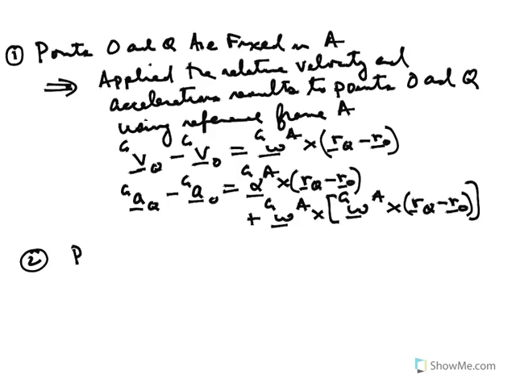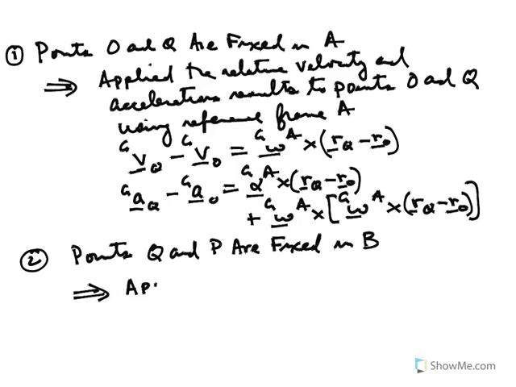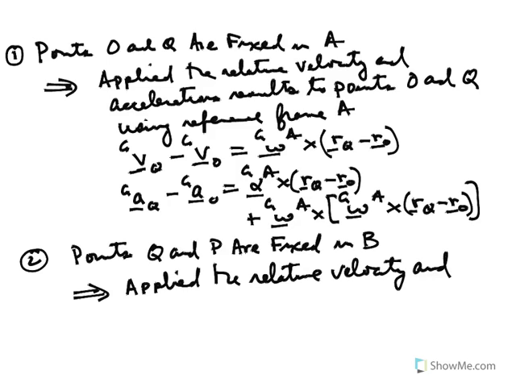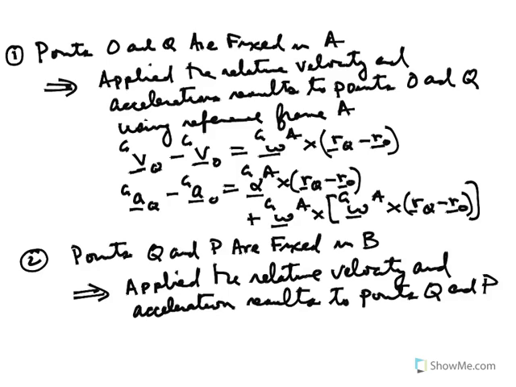Part two was that points Q and P are fixed in the second arm, which I called B. So for this part, we applied the relative velocity and acceleration results to points Q and P using reference frame B. And what do I mean by that?